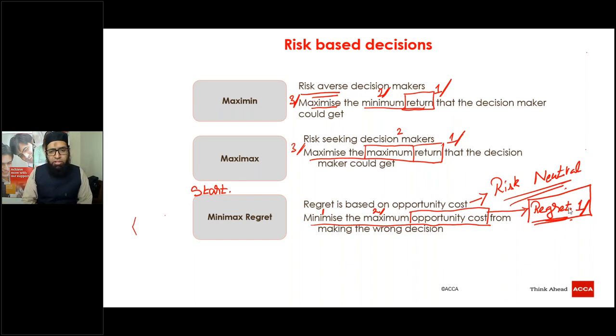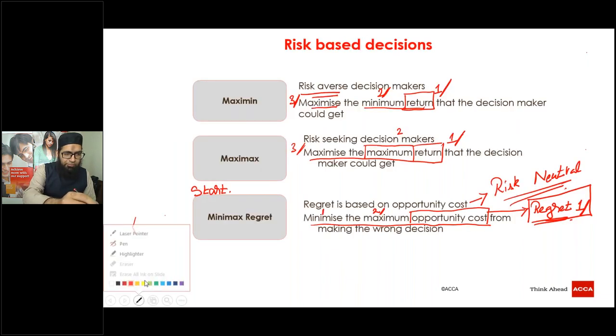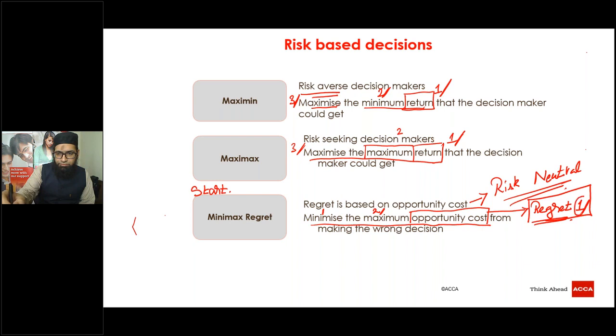That means in the decision table, first of all, we have to calculate the regret. Then we will choose the maximum value among the options, and then from the options, I will identify the minimum value. So let's see first of all how to calculate regret.